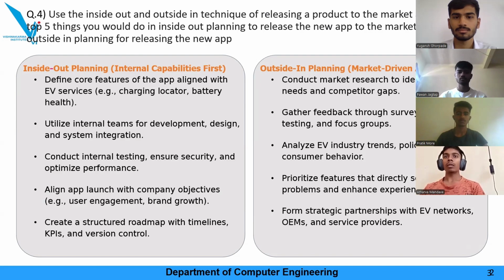Recommendations possible: charge now based on route, battery health degrading, service needed, riding patterns improvement. ML AI use cases: predictive maintenance, energy efficiency optimization, usage based insurance suggestions. Next slide.